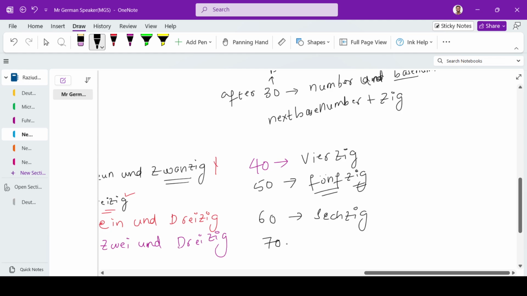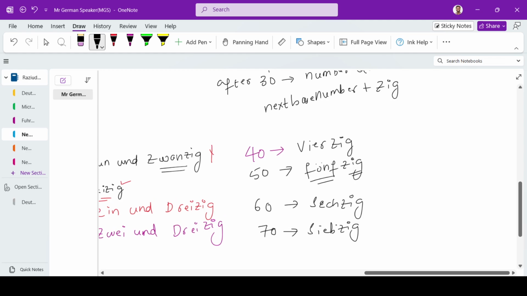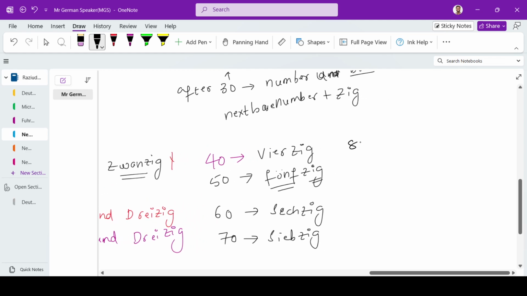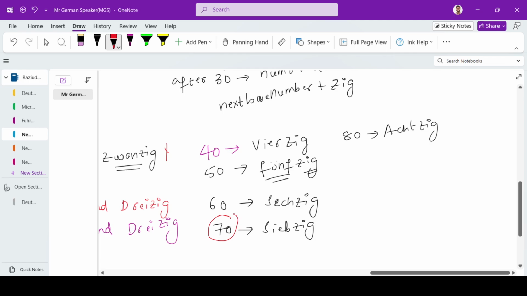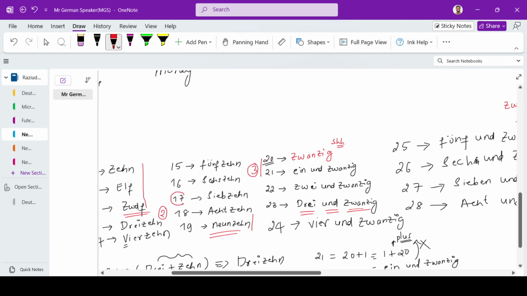Then we have 70. Don't write it as siebenzig, you need to write siebzig. 80, we call it achtzig. So we have to be very, very careful when we are writing 70, or the number 7, because it keeps slightly changing.